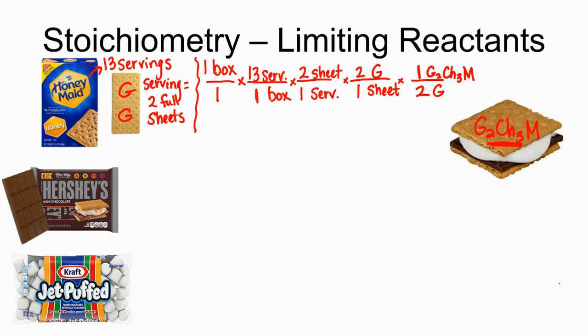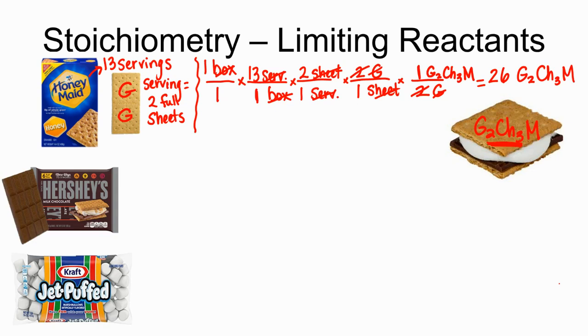I need 2 of the graham cracker squares to make every 1 s'more. And so I've gotten rid of the units box, the servings, sheets, and G to get to my s'more, or how many of the product I can make. These 2's actually cancel, and so then we just are left with 13 times 2 is 26 s'mores can be made from the graham crackers.